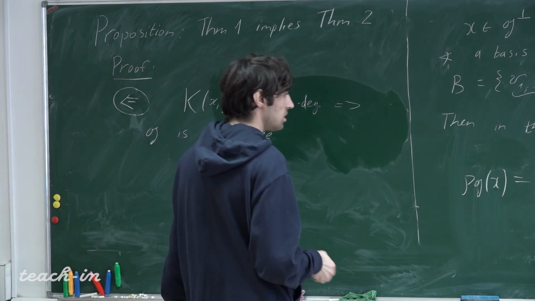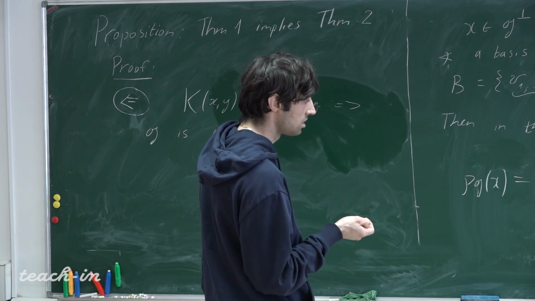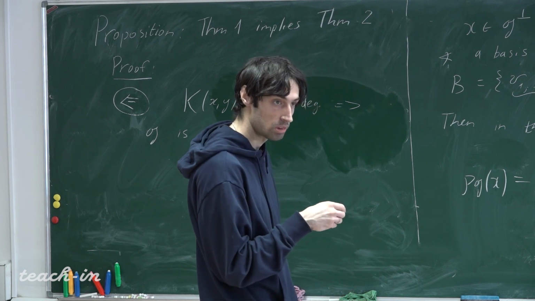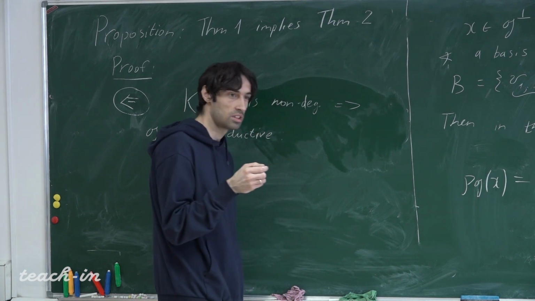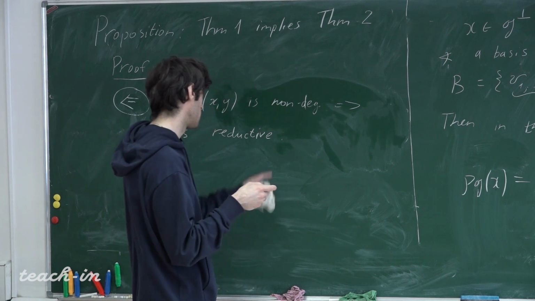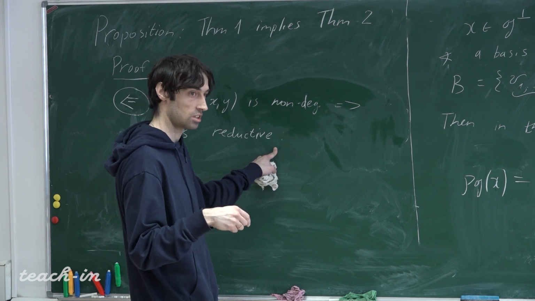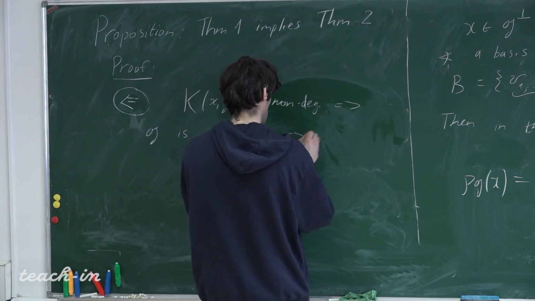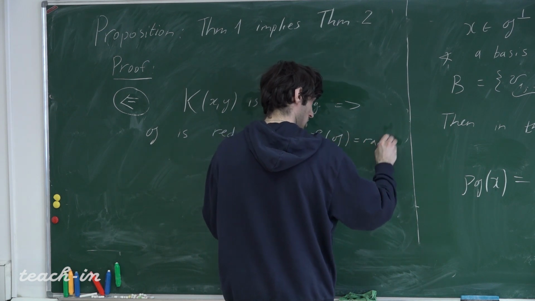So I'm proving that G is semisimple, right? That means I'm proving that the radical of G is 0, right? But since it's reductive, it's the same as proving that the center is 0, right? So the center of G is the radical of G.